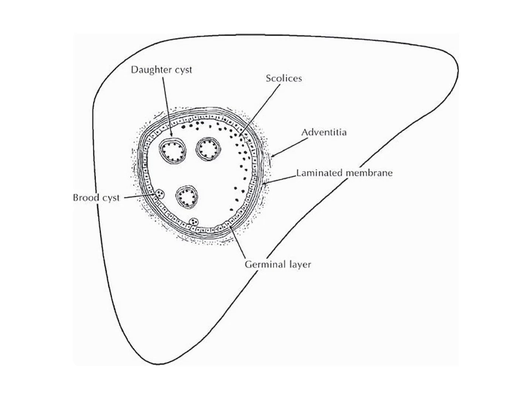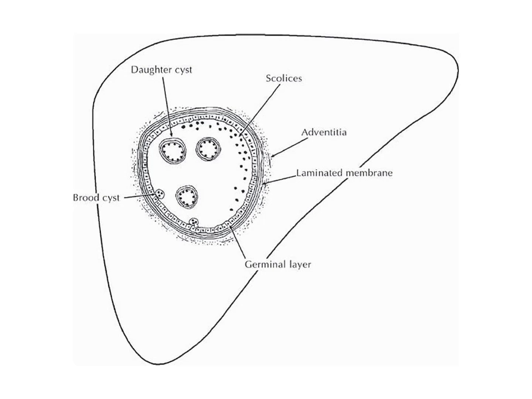Now what are brood capsules? Brood capsules are small intracystic cellular masses. You can see here, these are the intracystic cellular masses in which future heads develop into scolices. See, scolices develop inside this. Now what happens?